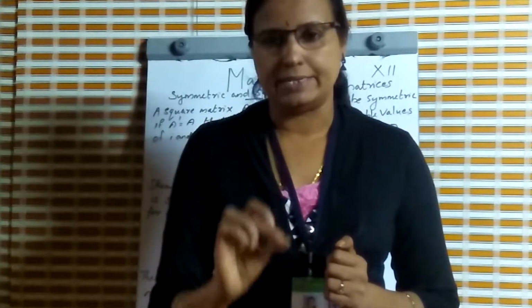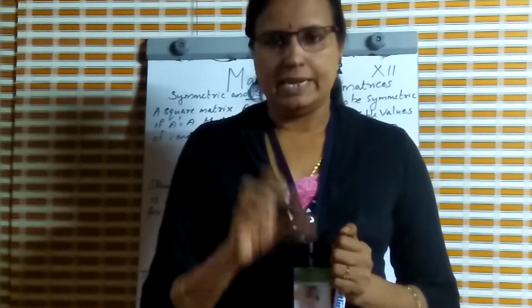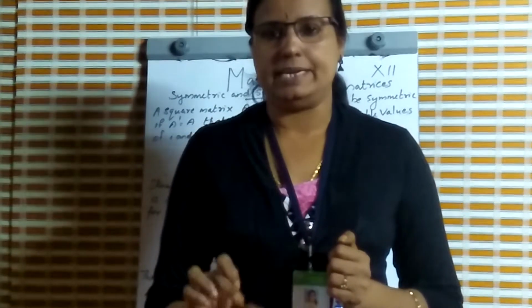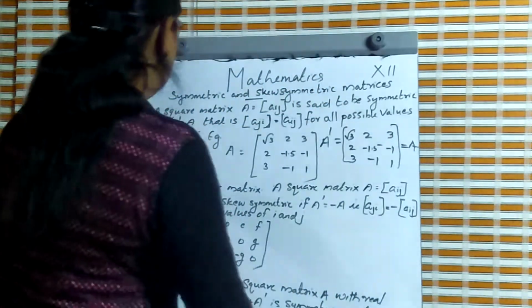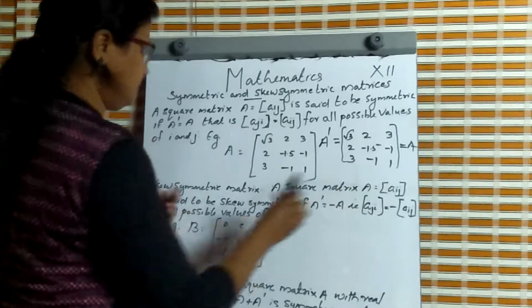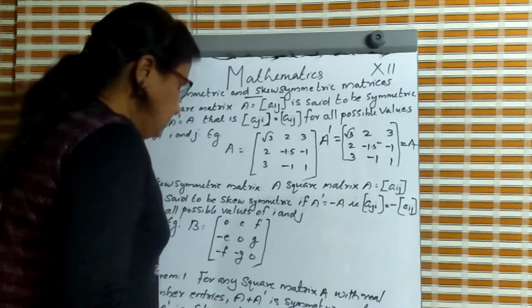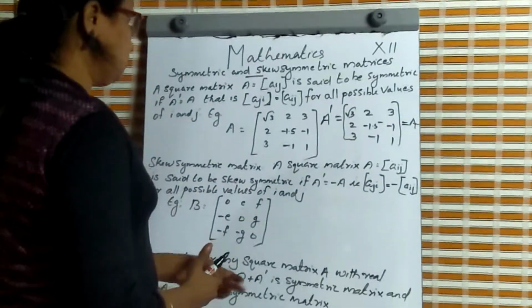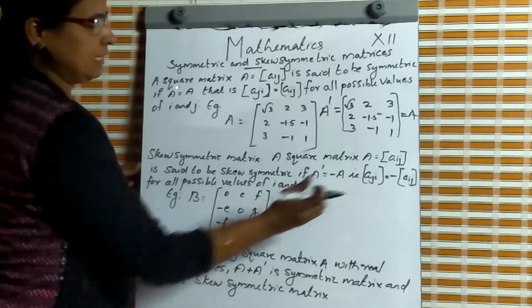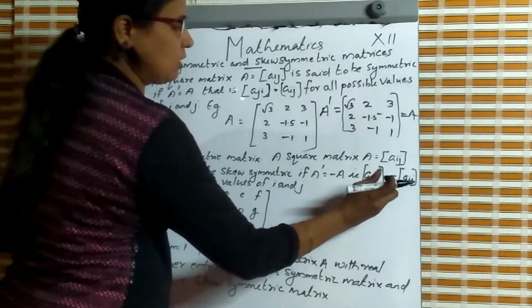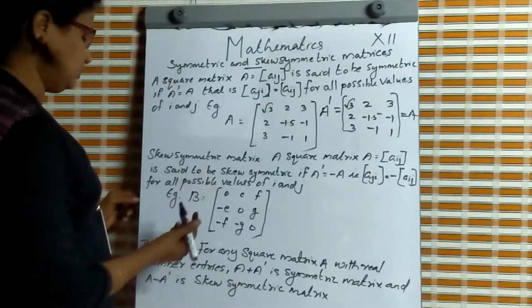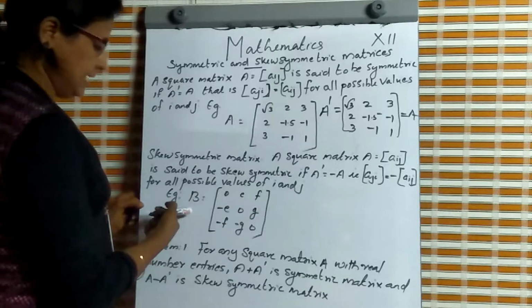Its transpose [aji] is equal to minus [aij]. Listen, a square matrix A is said to be skew symmetric if A transpose is equal to minus A. That is, aji is equal to minus aij for all possible values of i and j.